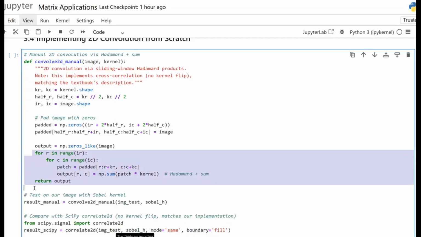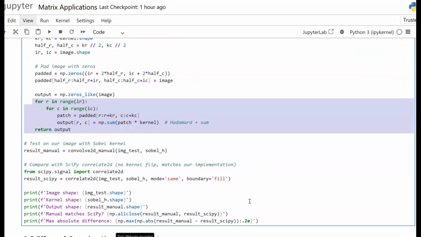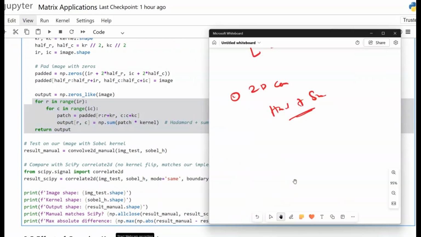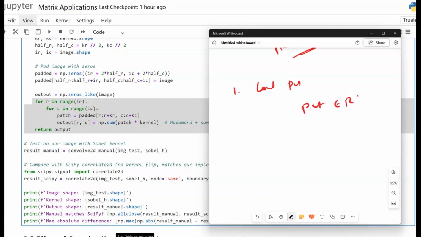Next we are going to have a sliding window computation. This extracts a local patch, does an element-wise multiply, and then a summation. The first step is that a local patch is extracted, taken row-wise and column-wise. The next is element-wise multiplication of the patch with the kernel.